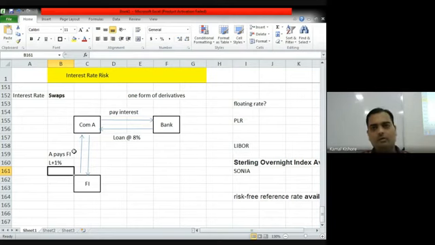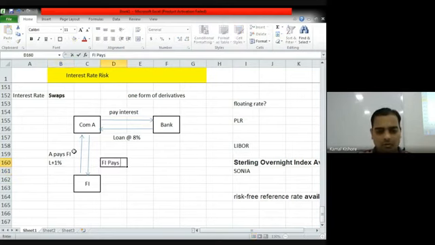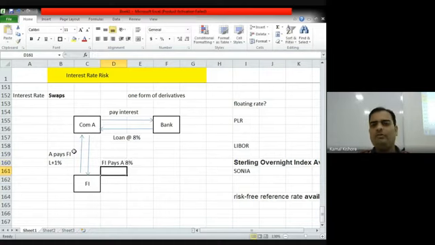What is L? LIBOR. And FI pays A 8%. What is 8%? The fixed rate.